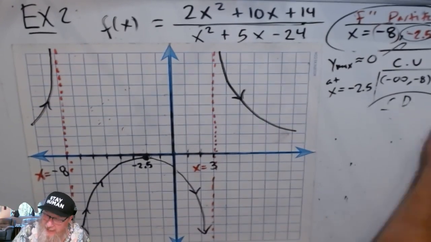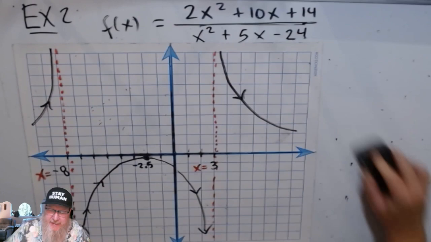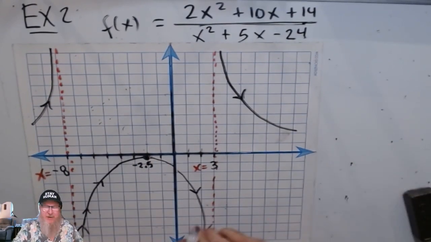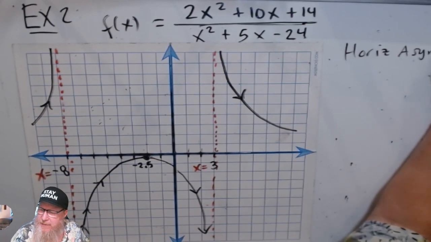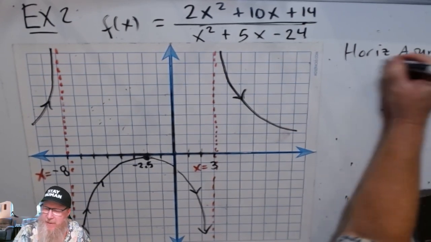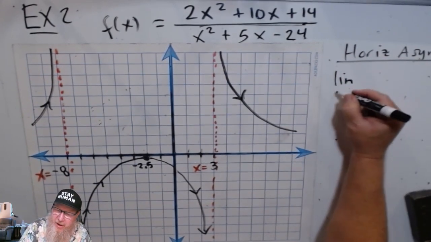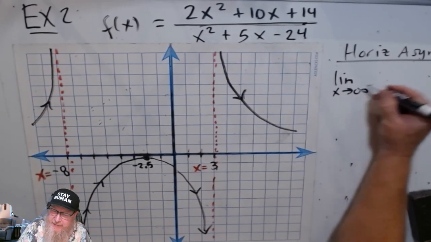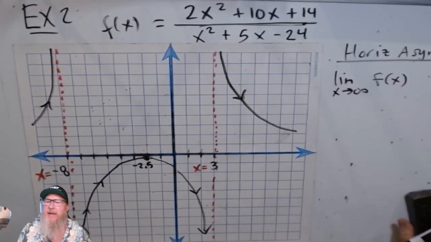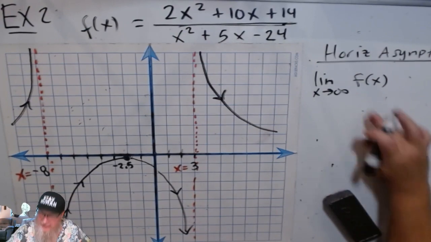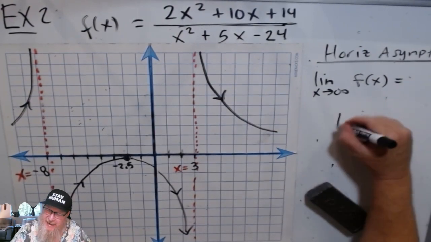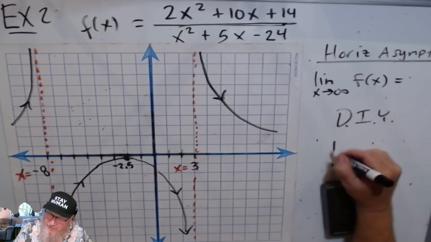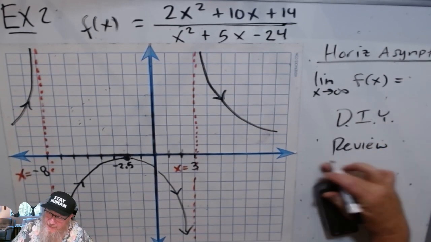One last thing is what happens here is called the horizontal asymptote. And this goes all the way back to chapter 1. Take the limit as x goes to infinity of f of x. And I'm going to say DIY. This is a review question.